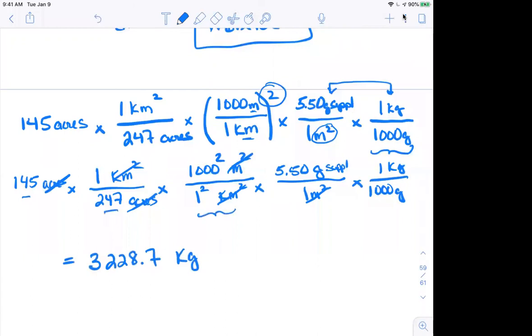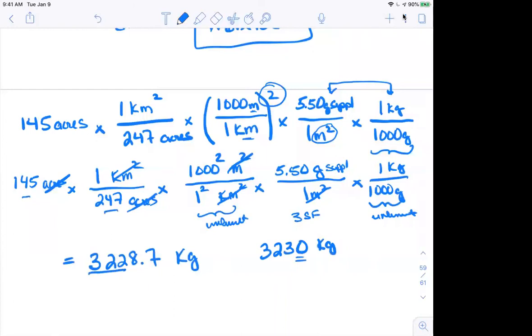3 sig figs, 3 sig figs. This is unlimited because it's a definition. 3 sig figs, unlimited because it's a definition. I need 3 sig figs, so I want to go here. I can either say 3230 kilograms. Don't forget, I have basically 3,200, so I can't just say 323.